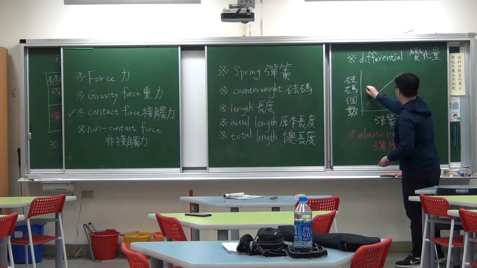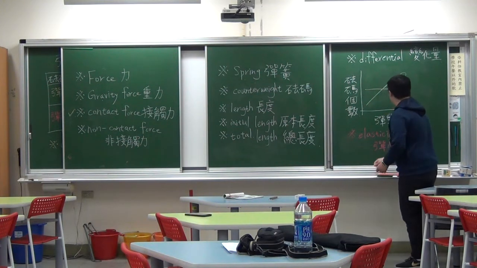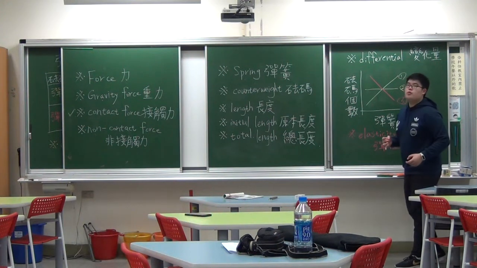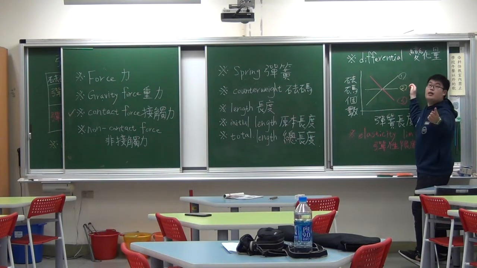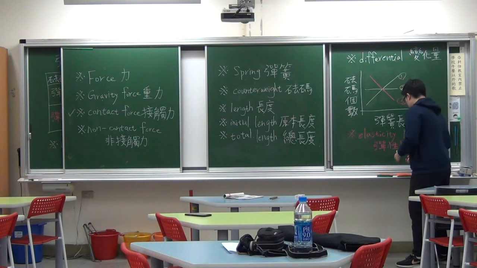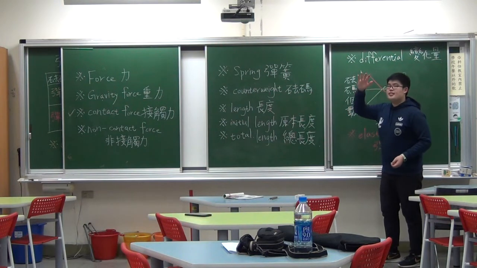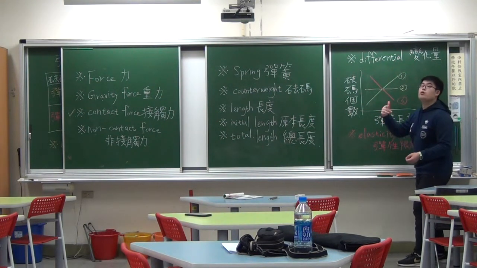Second is here. Third, here. So the picture will look like number 1. That's right. That means if the counterweight rises, the length of the spring will also rise.